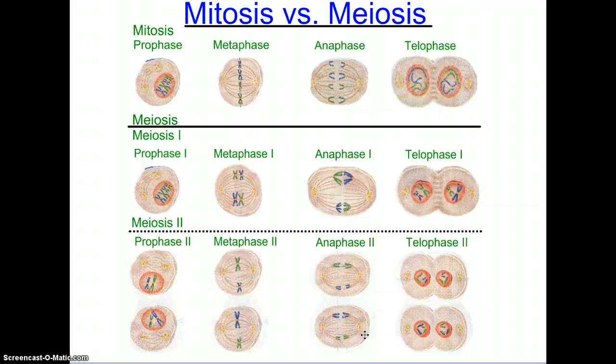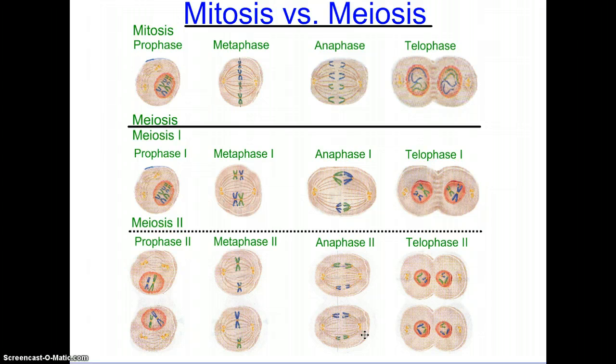Now, in telophase 2, just like telophase 1, the nuclear membrane forms. The spindles again dissolve. The chromosomes are starting to uncoil. And cytokinesis begins. Just like before. Now, notice, though, in telophase 1, how many chromosomes are we going to have? How many chromatids?